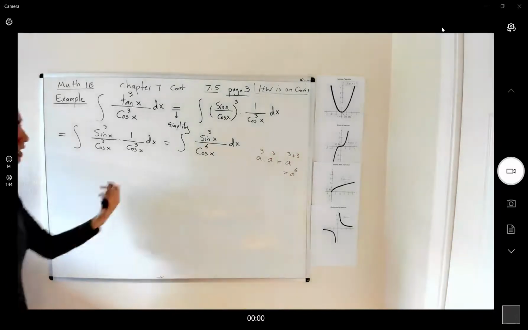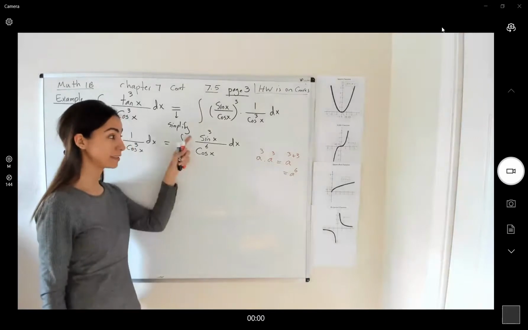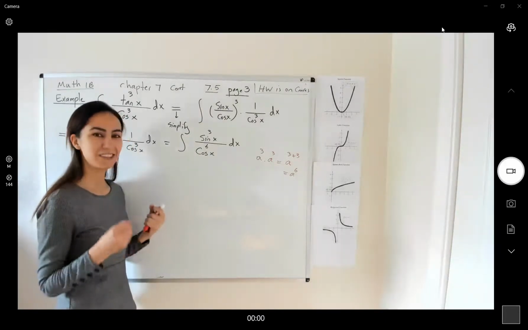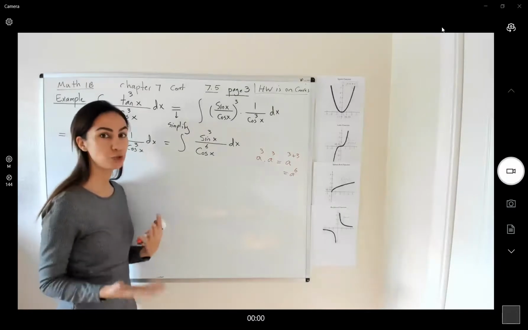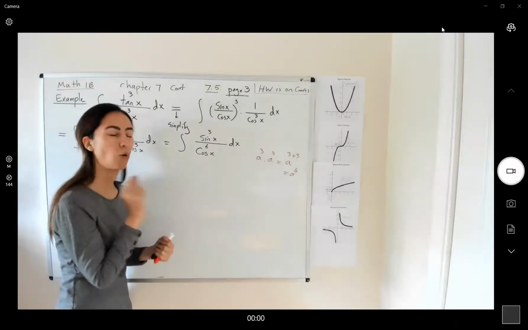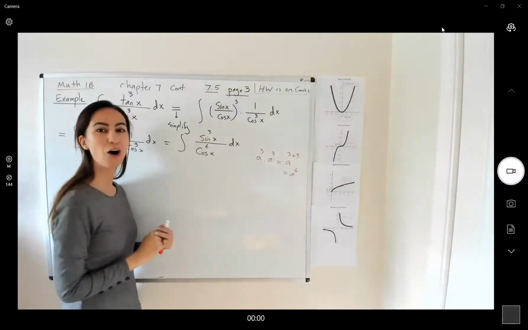Perfect. Now you might say, very well. I have sine, I have cosine. So I can use u sub somehow. If I take u to be cosine, du is sine. The only problem that you have is the exponent of sine.